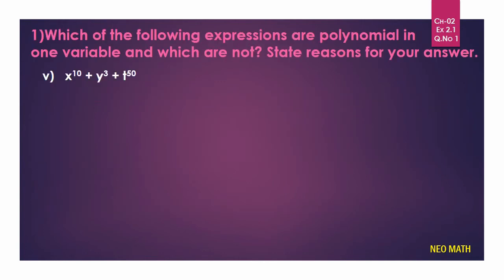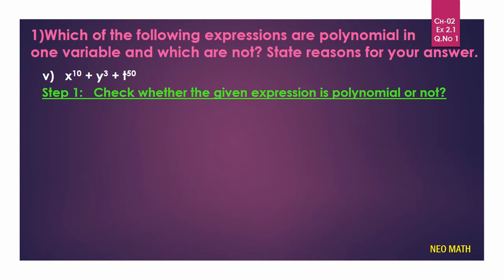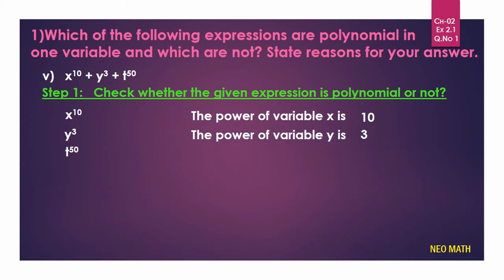Part 5, x power 10 plus y cube plus t power 50. Step 1, check whether the given expression is polynomial or not. Here we have three terms, x power 10, y cube, t power 50. The power of variable x in the first term is 10, the power of variable y in the second term is 3, the power of variable t in the third term is 50.